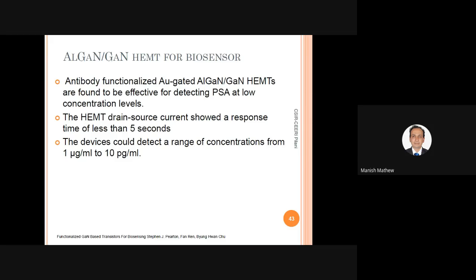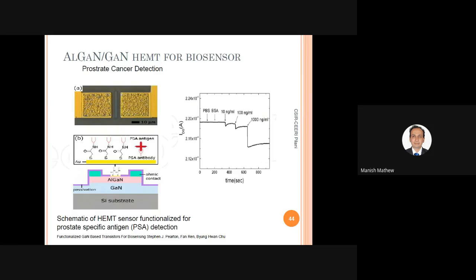So this is a very good way of detecting cancer. Now how is it done? Look here. As I said, this is a top view of the HEMT device. Here you have a source, here you have a gate in between, and here you have a drain.